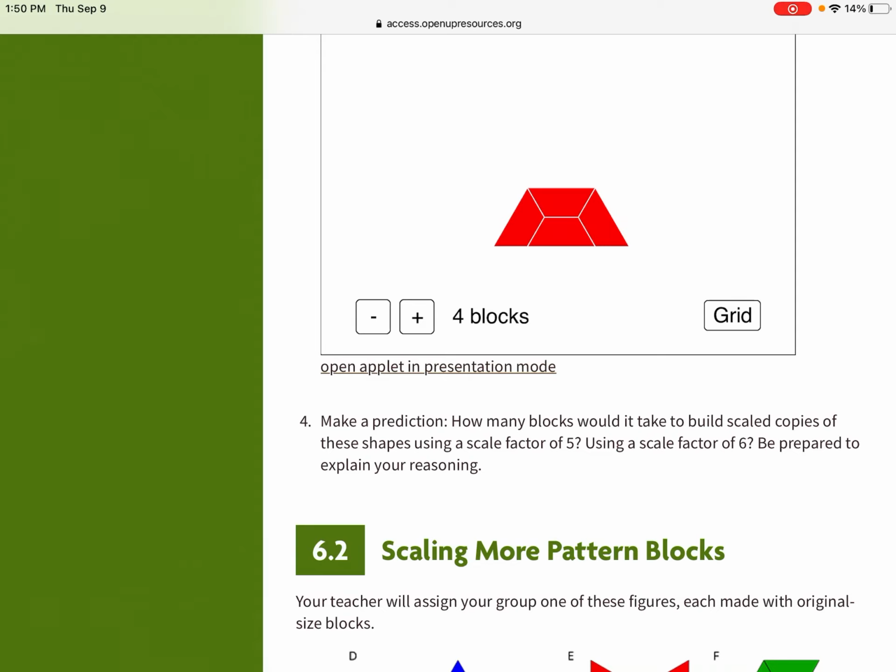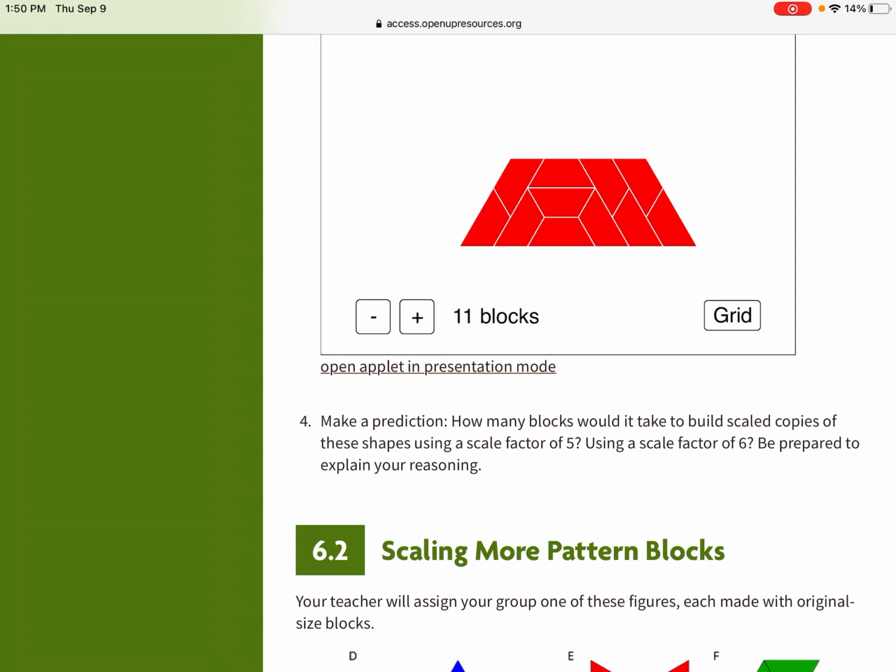When the scale factor was 2 on this red one, we take 2 times 2, which is 4, and 4 times 1, the original area. So we multiply by the scale squared, and that's what we get for our area. If we do the same with 5, 5 times 5 is 25, and 25 times 1 is 25.